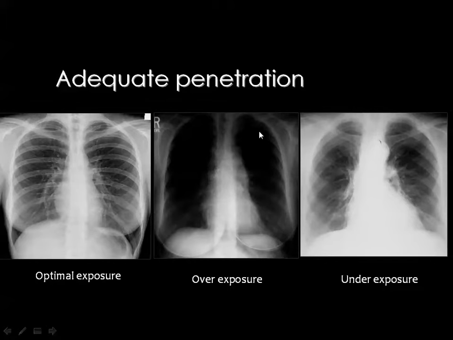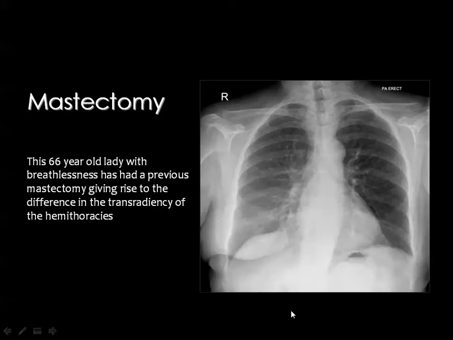Overexposure will project the lung fields very dark, and you can also see the thoracic vertebrae through the cardiac shadow. While in the underexposed film, you can see haziness of the hilar shadows, and the costophrenic angles are not clearly projected in this view.